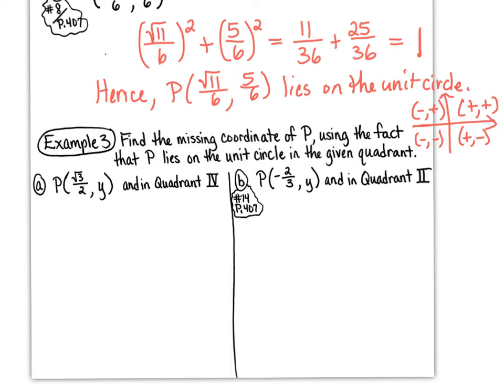Now let's apply all of the information we've learned so far, taking into account what we've recalled. I'm giving you a point, P, of square root 3 over 2, comma, y, and it is in quadrant 4. How do we find the missing coordinate?